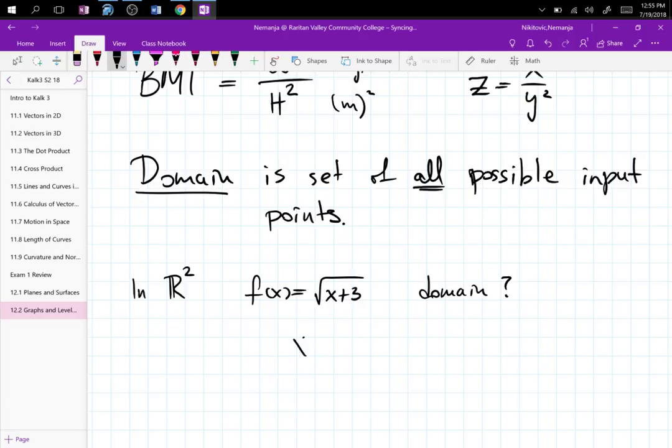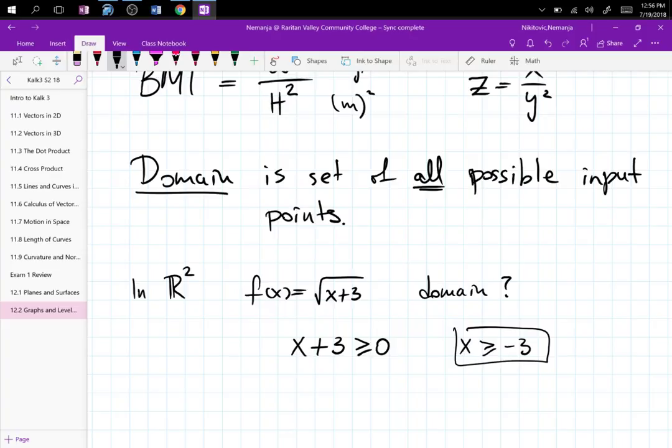So you would say, okay, make this non-negative. It has to be positive or 0. So when you solve this inequality, you get x larger or equal than -3, and this is your domain. So any number -3 or bigger, you are allowed to plug into that function, and you will get an answer.